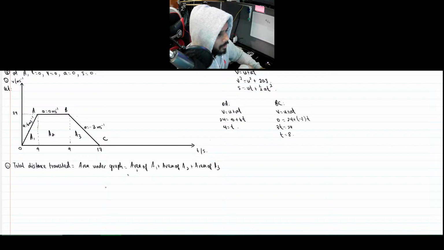Area of A1 is 1/2 base 4 by perpendicular height. Area of A2 is 5 by 24. And area of A3 is 1/2 base, that will be 8, by the perpendicular height, which is 24.